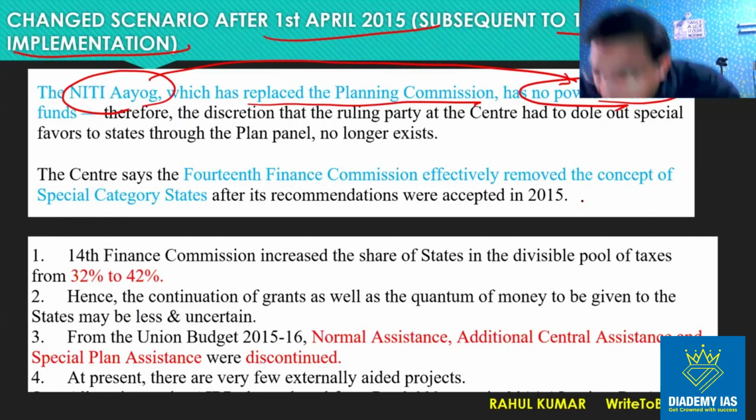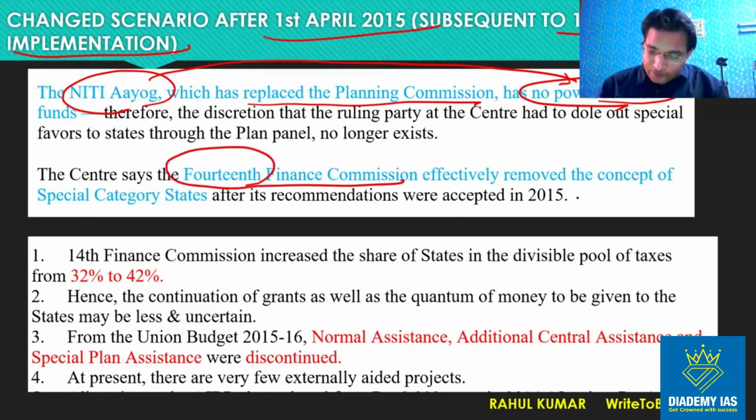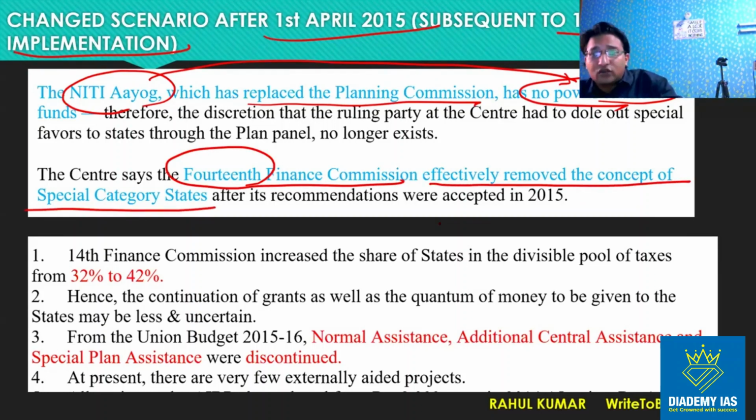Earlier it was the Planning Commission which had the power to allocate the fund. Now this power is not available with the Niti Aayog. अब नीति आयोग के पास में ऐसी कोई power नहीं है, right? So the central government says that the 14th Finance Commission effectively removed the concept of special category states after its recommendations were accepted in 2015, right?